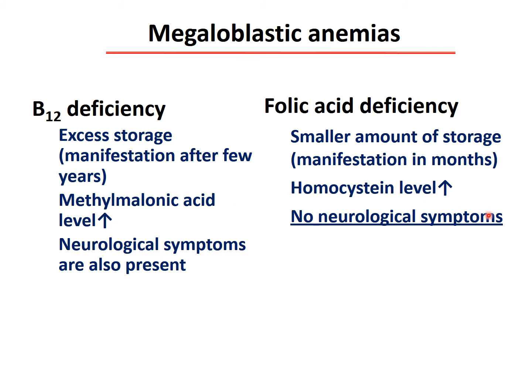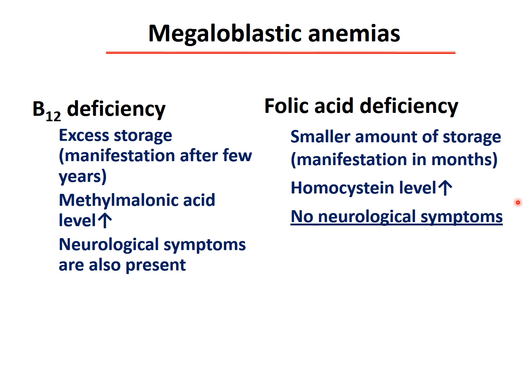Now, at the cellular level, how do we measure these components? B12 can be measured in the serum very nicely, because that will tell you how much is in the stores. However, the serum folate is not going to tell you that. It only tells you how much folate you ingested today. So serum folate level reflects acute folate intake.